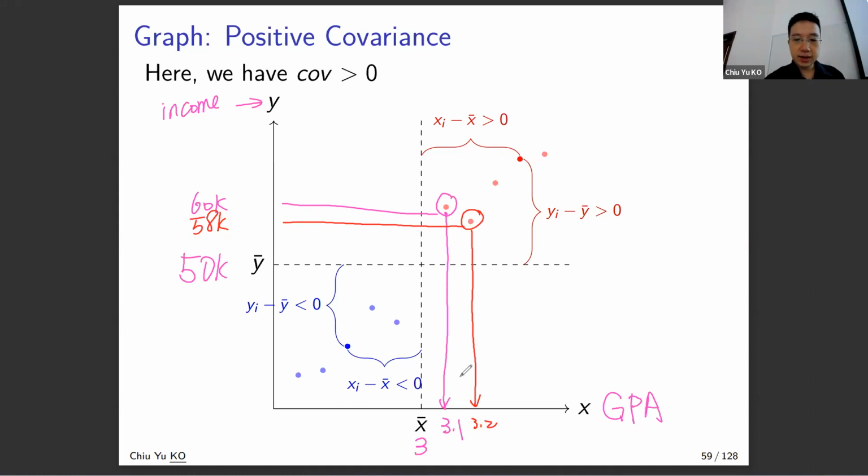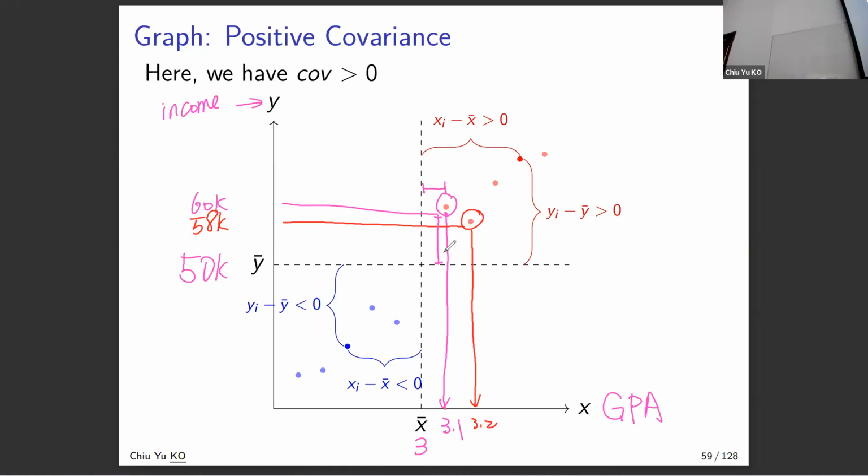You can see this individual's GPA is above the mean by looking at the horizontal, because GPA is horizontal, right? This is positive. And his income is also higher than the mean, making 60K compared to 50K, right? Remember the formula, we multiply this distance. We multiply the horizontal distance and vertical distance, and they are positive, right?